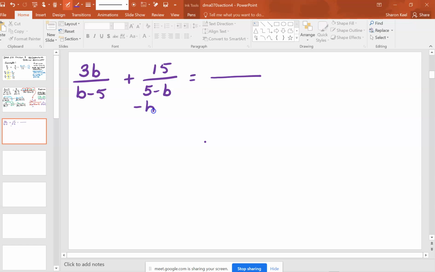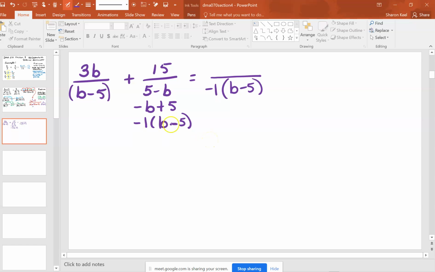So this should be negative B plus 5. We don't start with a negative, so we factor out a negative 1. Negative and positive is negative. A negative times a negative is a positive. So my least common multiple, they both have a B minus 5, but the second one also had a negative 1.